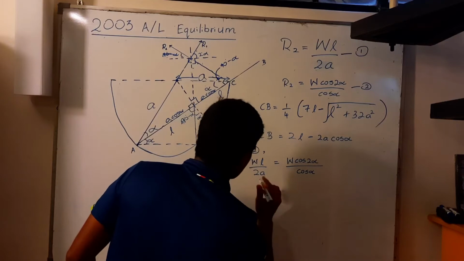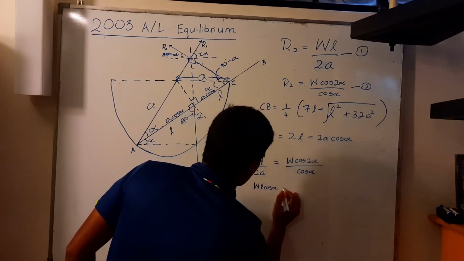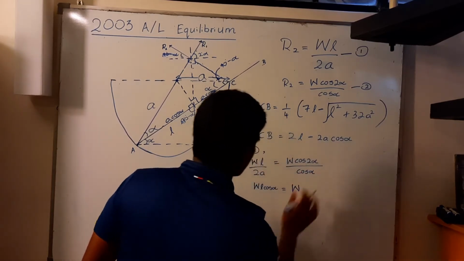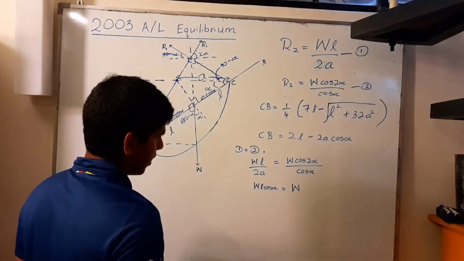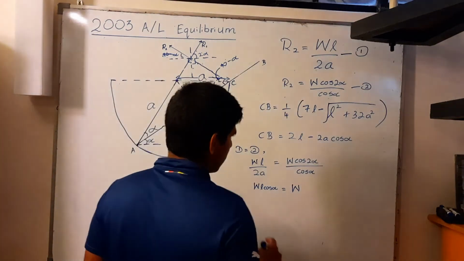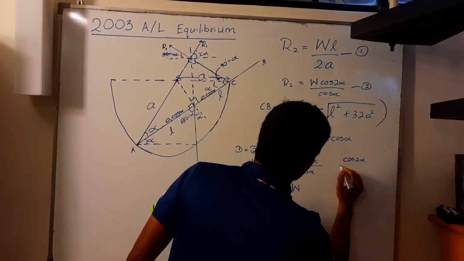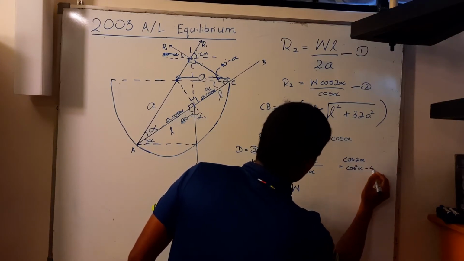Basically I'm going to cross multiply, so WL cos alpha equals, now you can see cos 2 alpha can be written as 2 cos squared alpha minus 1. I'll show you how that happens. So cos 2 alpha in other words is cos squared alpha minus sin squared alpha.